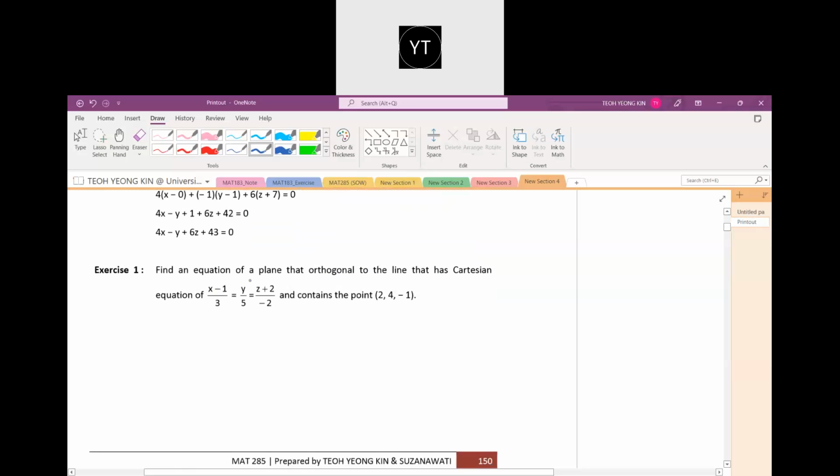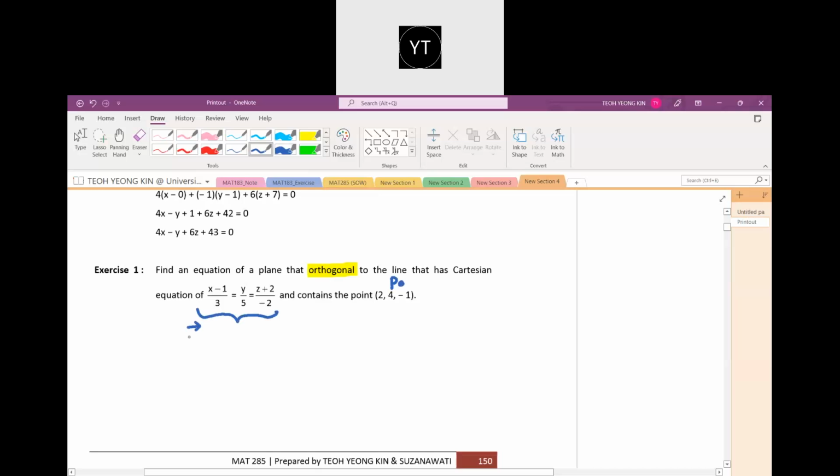Let's look at the second example, or the first exercise. Find an equation of a plane that is orthogonal, sometimes the words perpendicular or orthogonal are used, to the line that has a Cartesian equation. This is a Cartesian equation, and contains the point (2, 4, -1), which means this will be our P naught. So where do we get our normal vector?